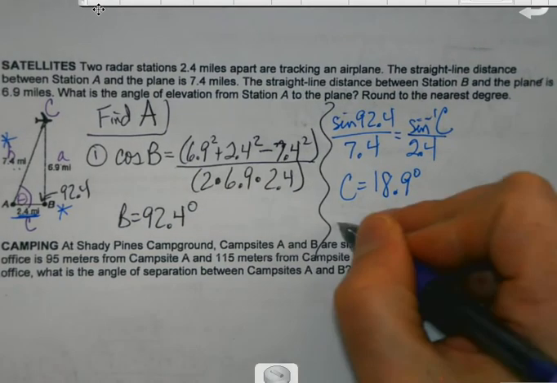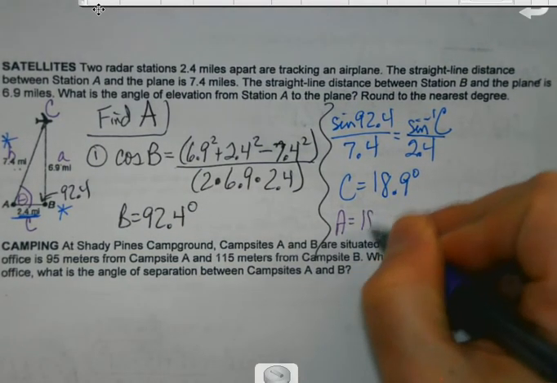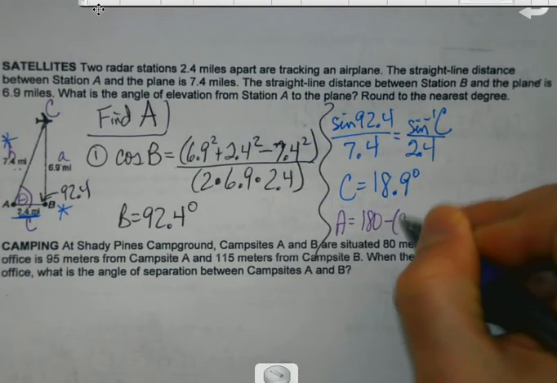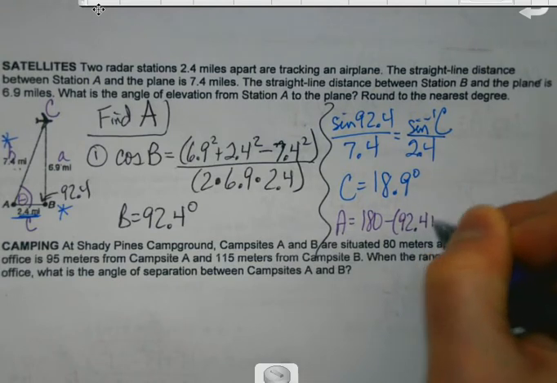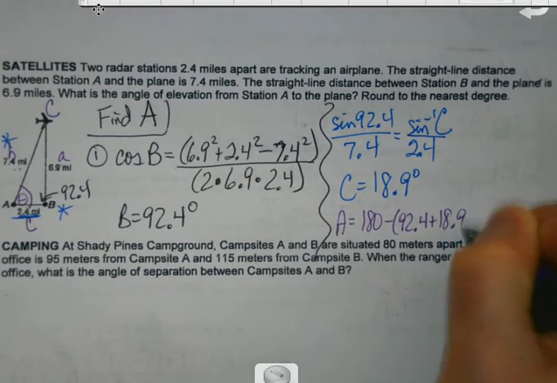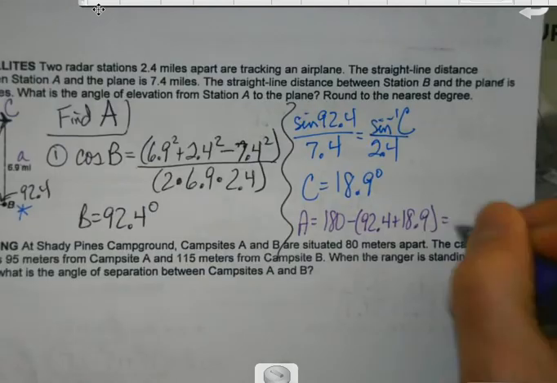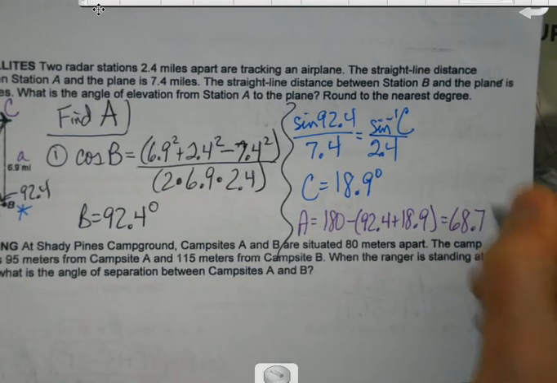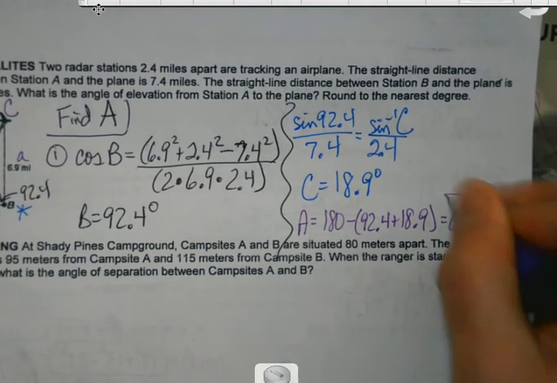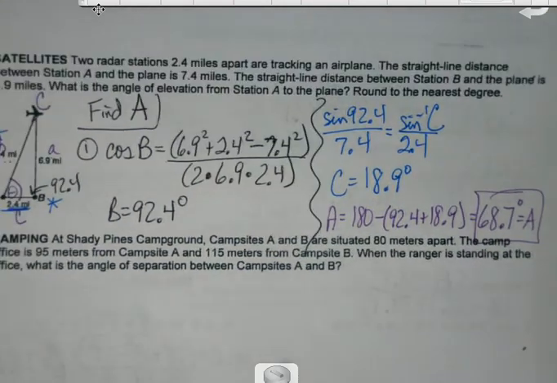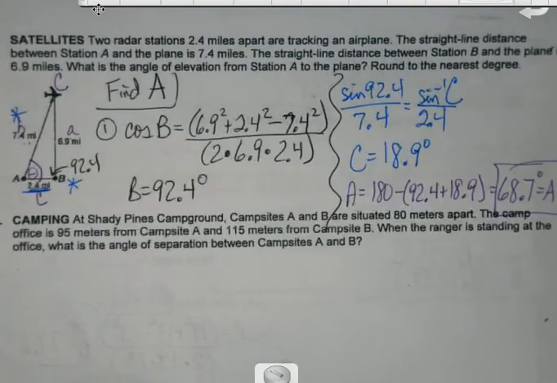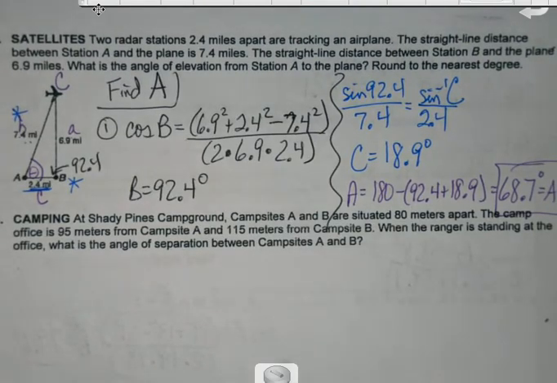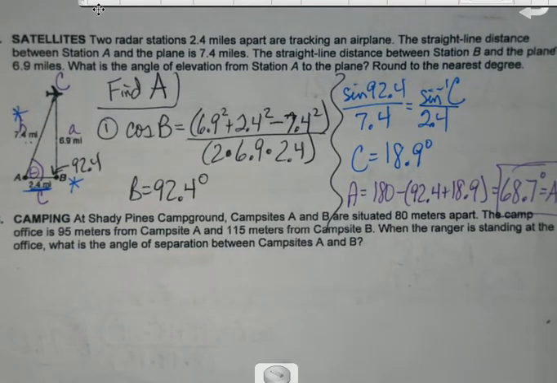To get A, it's 180 minus the other two. So again, just kind of work through those steps. It'll make life simpler on you as we finish some of these up.